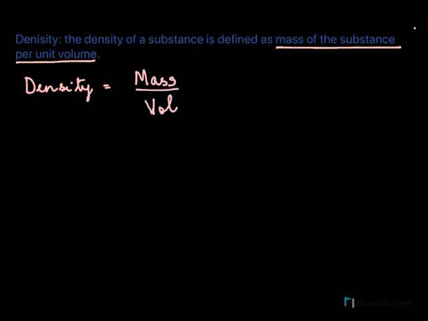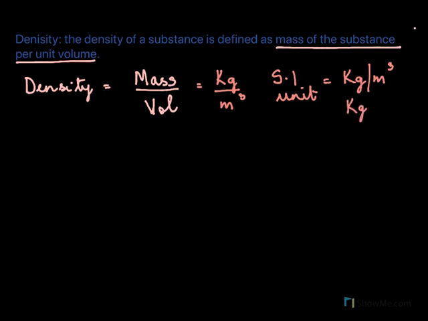We know the SI unit of mass is kg and the SI unit of volume is meter cube. So the SI unit for density will be kg per meter cube, or it could be written kg meter raised to minus 3.